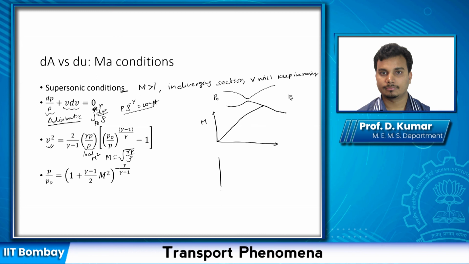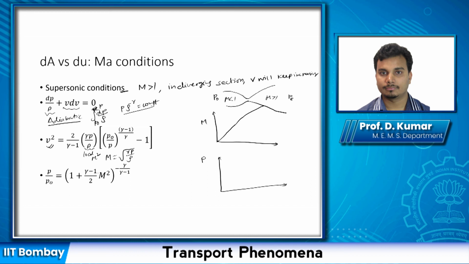Correspondingly, if you look at pressure, the local pressure can be given by this equation. Initially your pressure will of course decrease. In the region here you have Mach greater than 1, and here you have Mach less than 1.